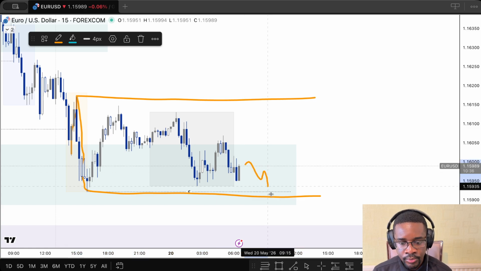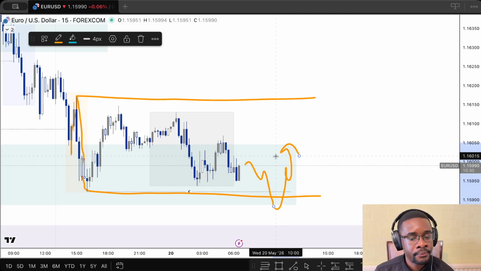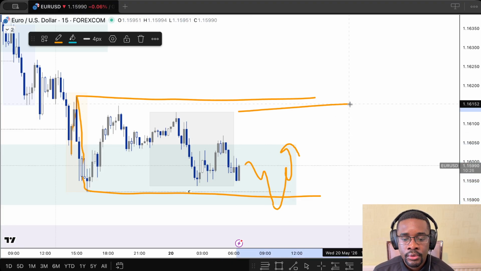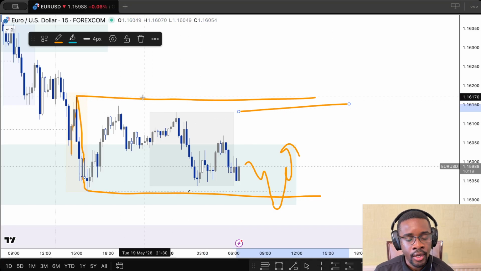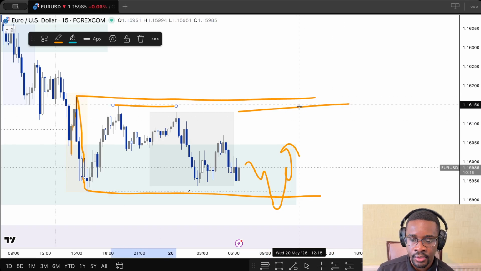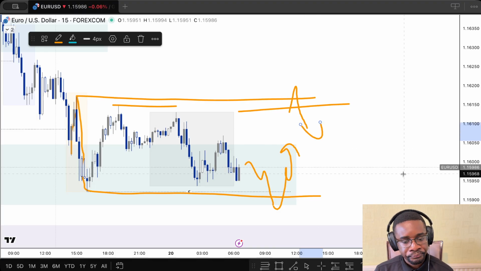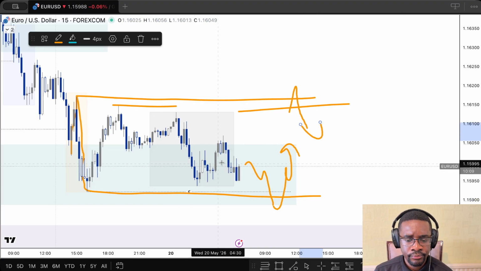So we could be waiting for price to come in, sweep this area, and then look for longs, obviously targeting 3 to 1 quick hits, or hopefully it reaches this Asia high and possibly sweeps these areas as well, before it continues to the downside. So these would be the trade ideas.